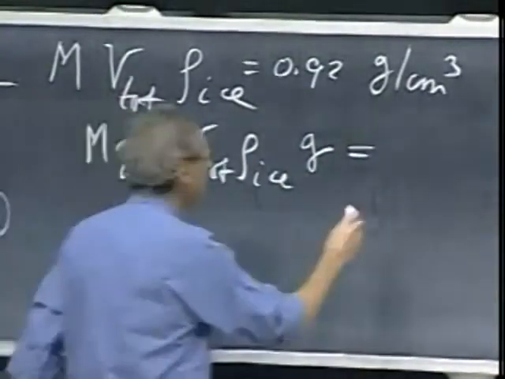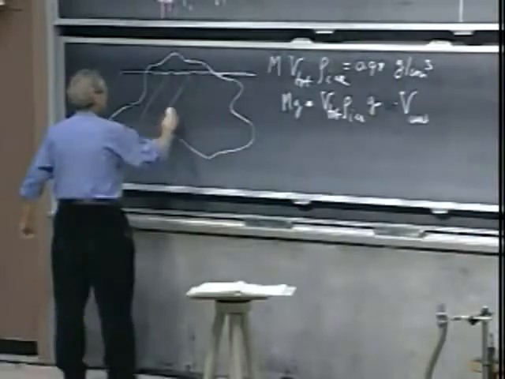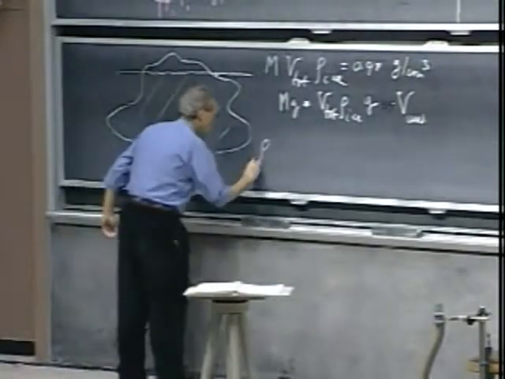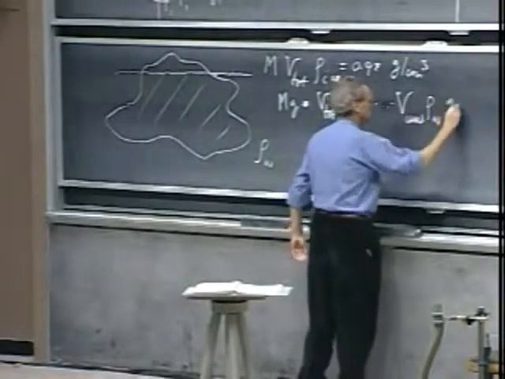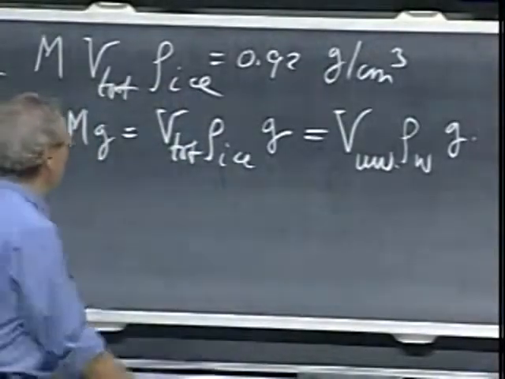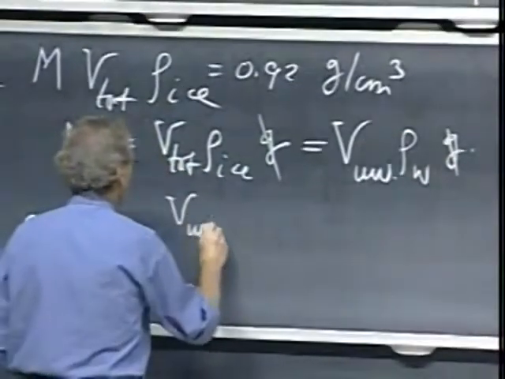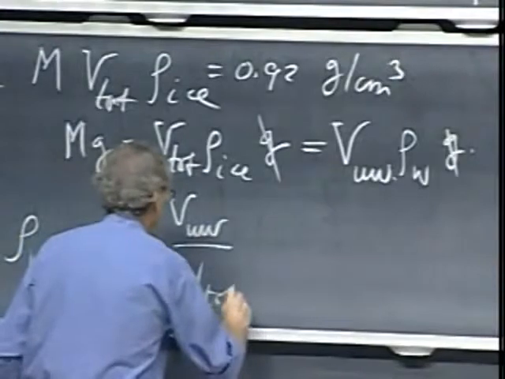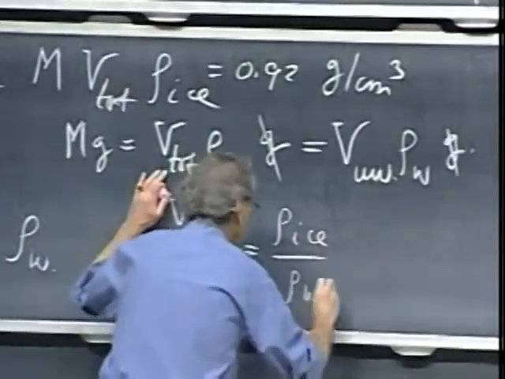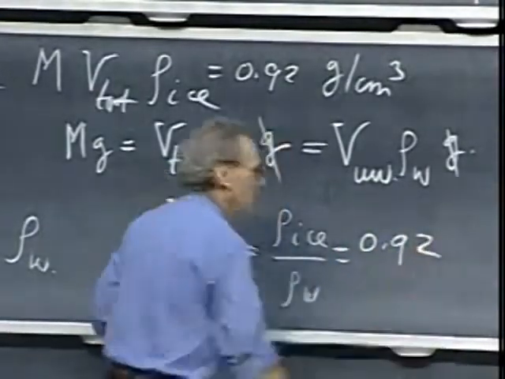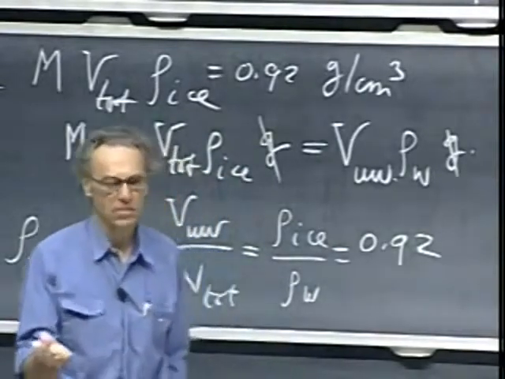The buoyant force is the volume underwater, which is this part, times the density of water, rho water, times g. You lose your g, and so you find that the volume underwater divided by the total volume equals rho ice divided by rho of water, which is 0.92. That means 92% of the iceberg is underwater.